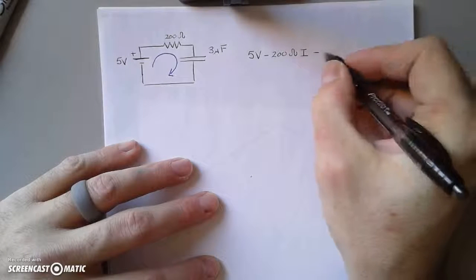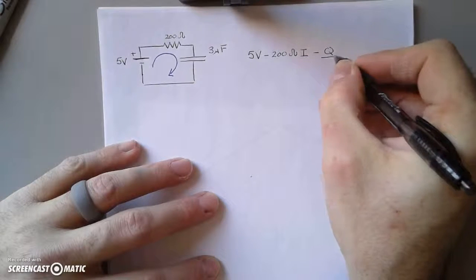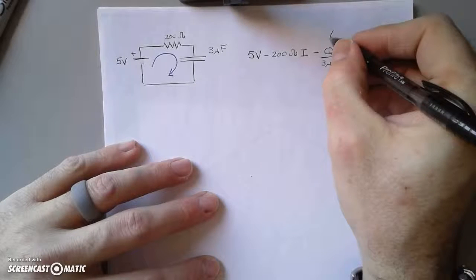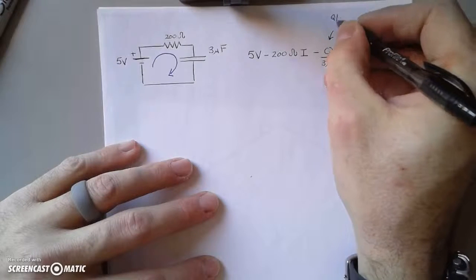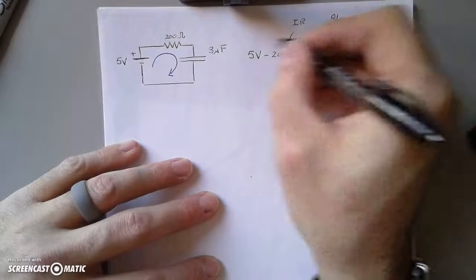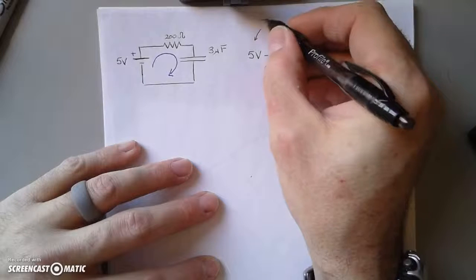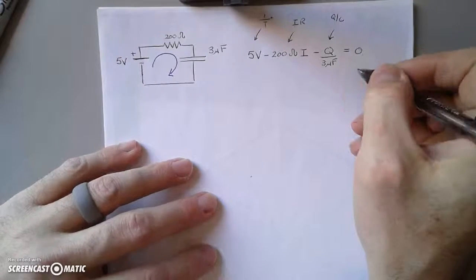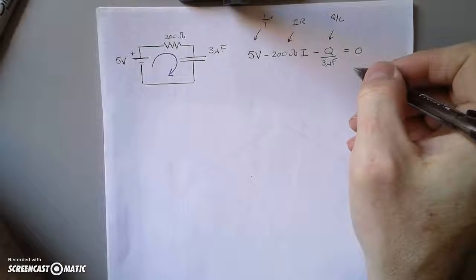Then we would drop Q over 3 microfarad. So this is our Q over C, this is our IR, and this is our battery. And the sum of all those gains and drops needs to be 0.